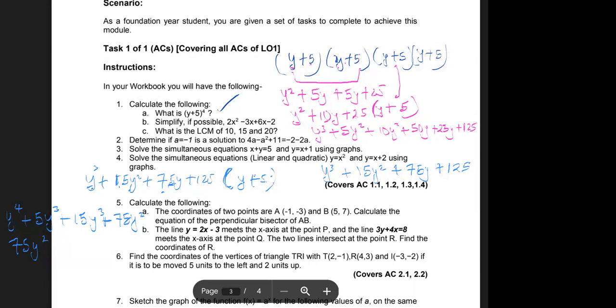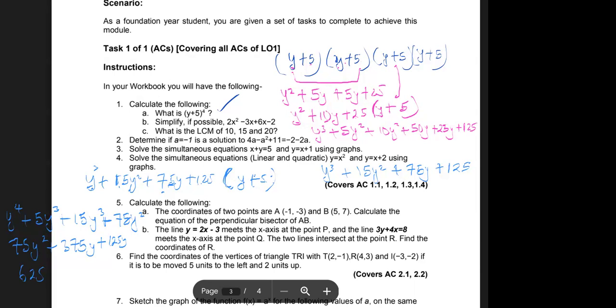Put that on a calculator. That's 375, which gives you 375y. Then 125 times y gives you 125y. Then 125 times 5 gives you 625. Then you now collect like terms together.